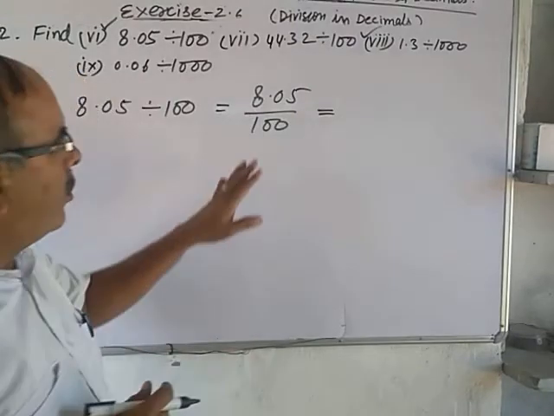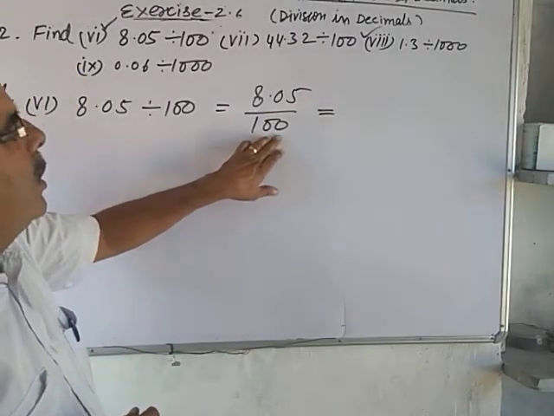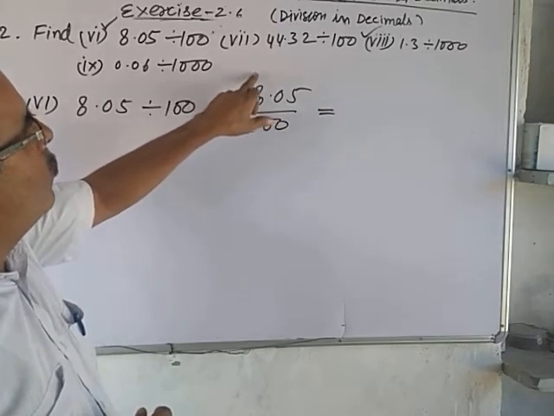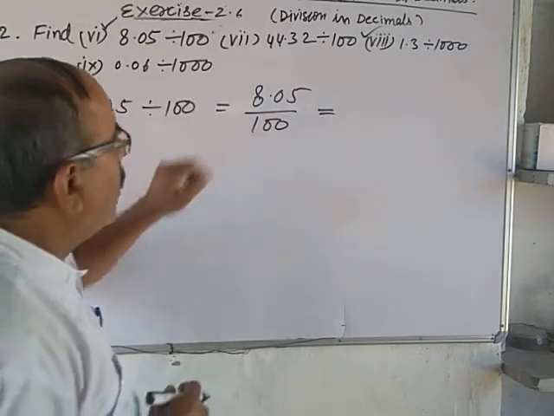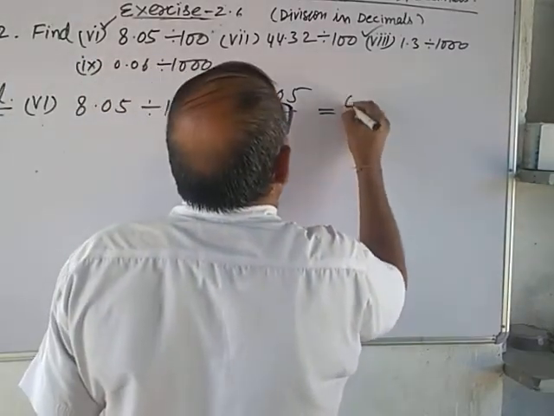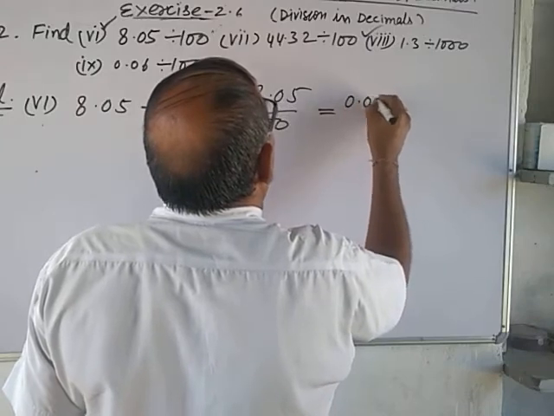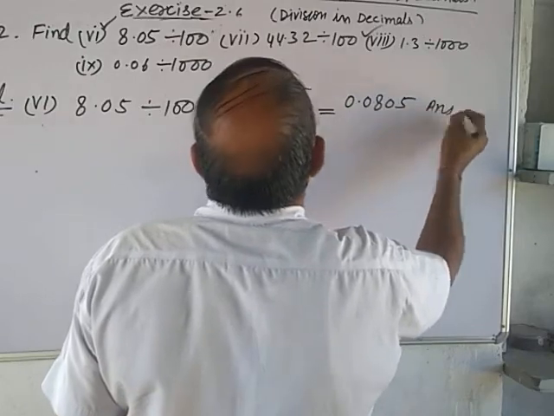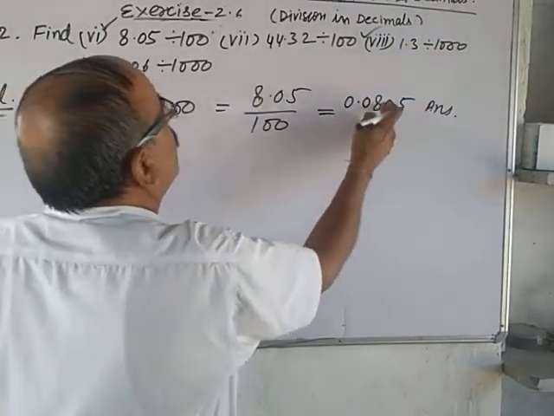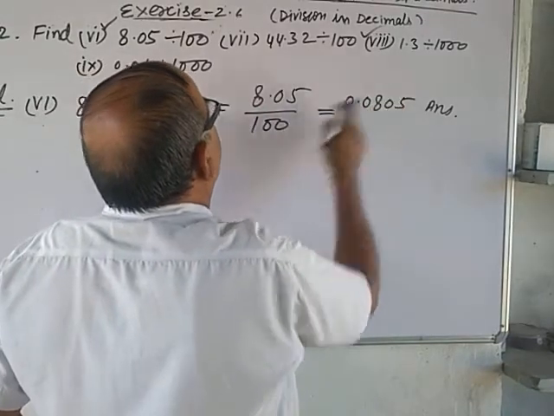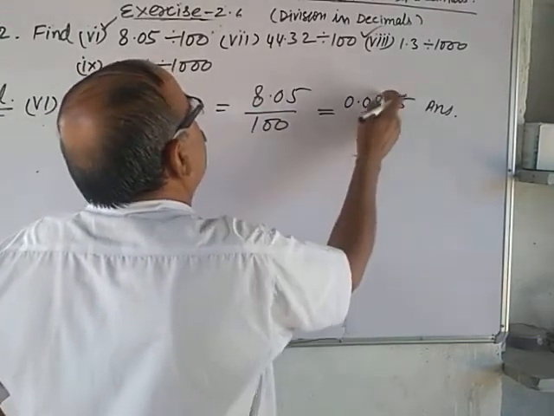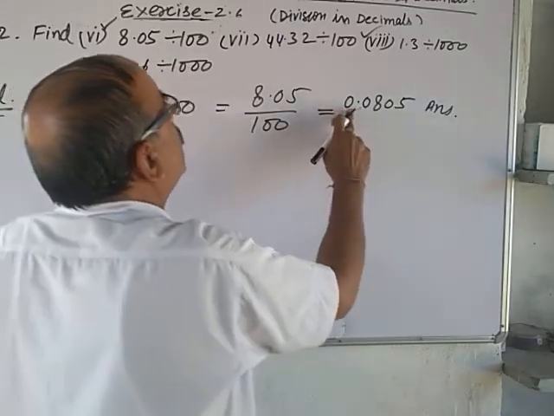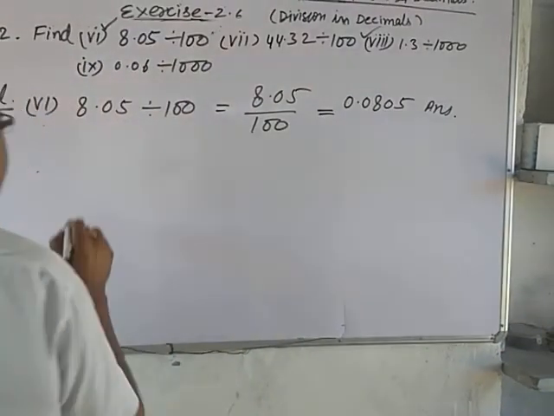If we have 2 zeros in the denominator, the decimal moves 2 points to the left, so it becomes 0.0805, answer. The point moves 1 zero is 1 point and second zero is second point. The decimal comes here and it becomes 0.0805.